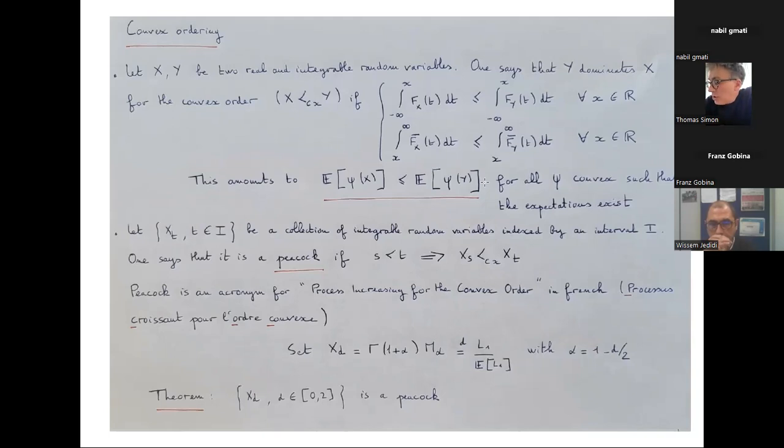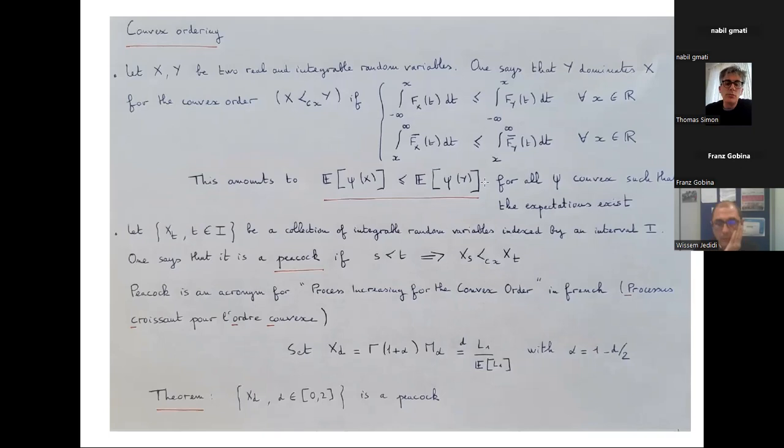And you have a collection of random variables with the same expectation, indexed by alpha, or by d, equals 1 minus d divided by 2, d being the dimension of the Bessel process. Of course, the greater the d, the less recurrent the process is.